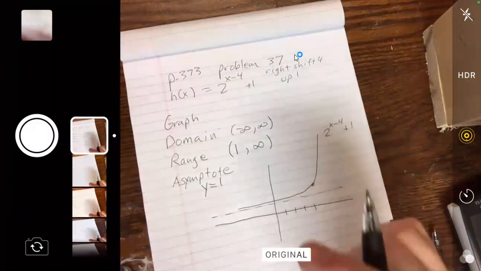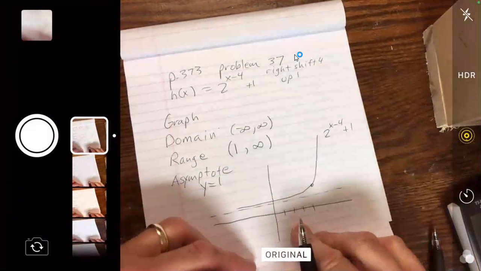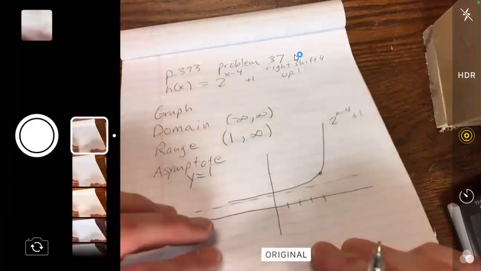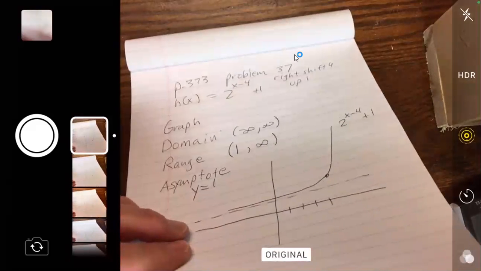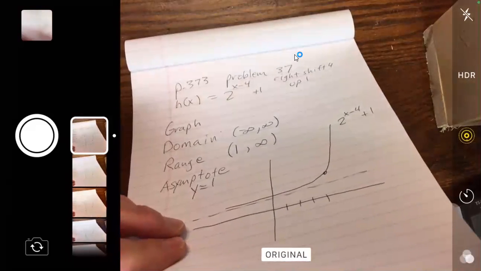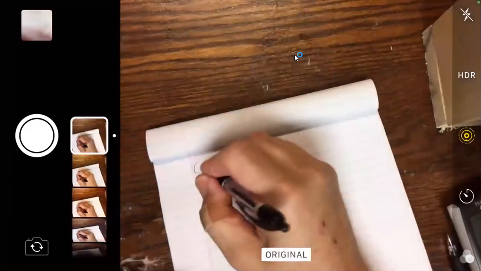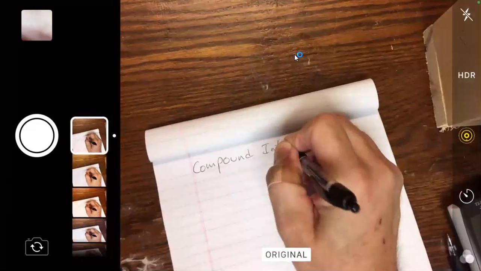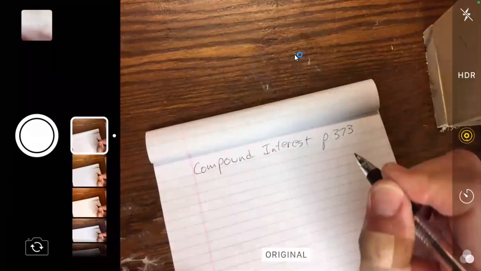Let's see, why don't we go over and try a compound interest? Compound interest. I think we did 57A, maybe B. How about 59? Page 373.